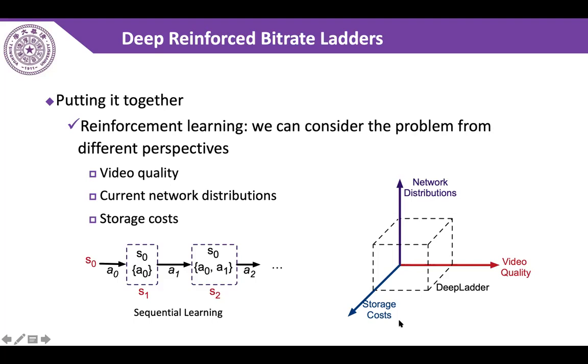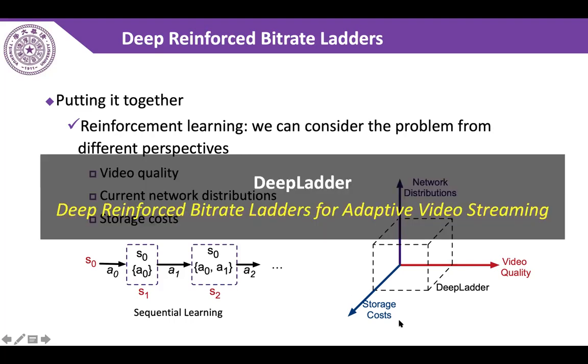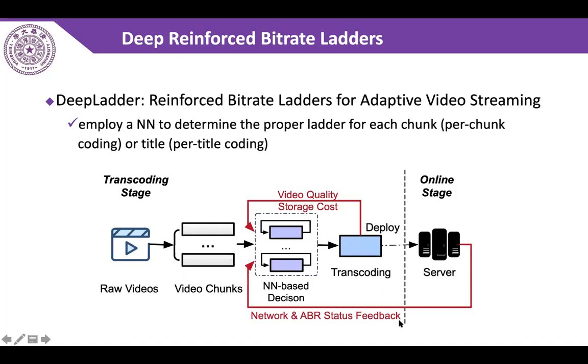The reason why we leverage deep reinforcement learning is its capacity to generalize from raw fresh data without relying on handcrafted engineering. DeepLadder's basic system workflow is mainly composed of the transcoding stage and the online stage.